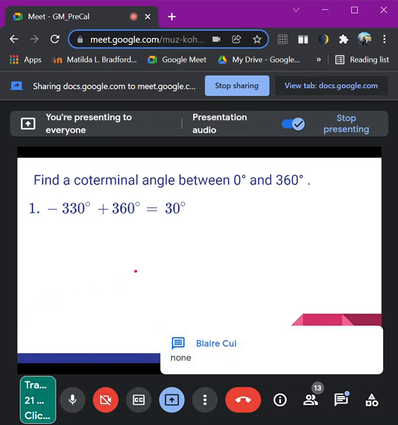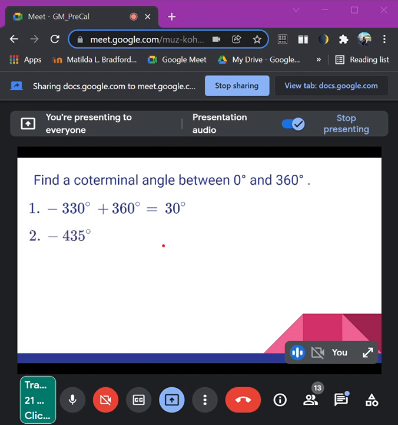Okay, none. Now let's go to the next one. We have here negative 435 degrees. What are we going to do? To add, to subtract? Or are we going to do multiple additions and subtractions here?